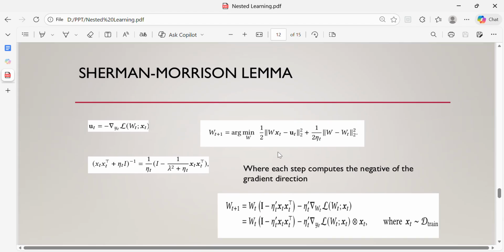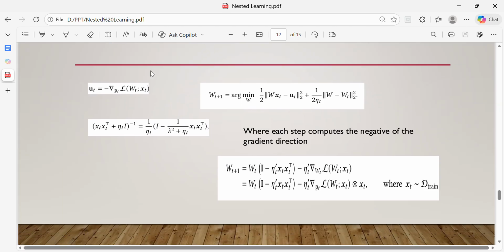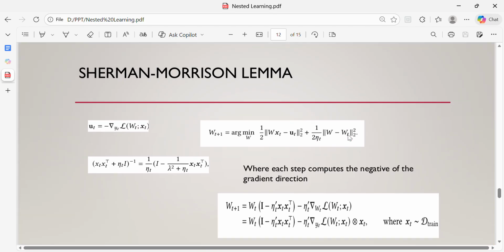Now they have just modified the definitions using Sherman-Morrison's lemma. It's stated here. This is the lemma. So if we use this in the expansion of the gradient descent that I explained in the first slide, you will get this. Wt plus 1 is equal to Wt and this expansion.